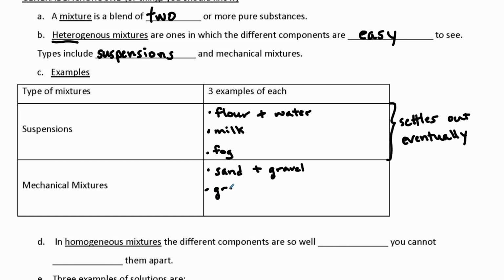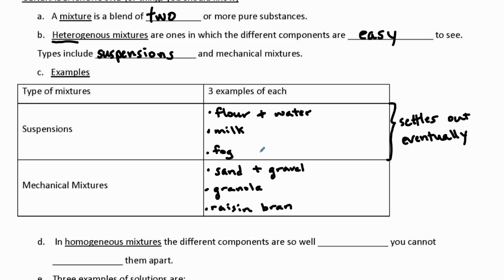Granola is another one. You could separate out the different components of the granola if you wanted, and you can physically see them. A cereal like Raisin Bran would be a mechanical mixture. You can separate the raisins from the bran.